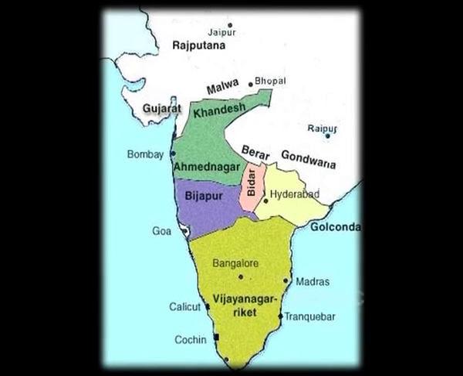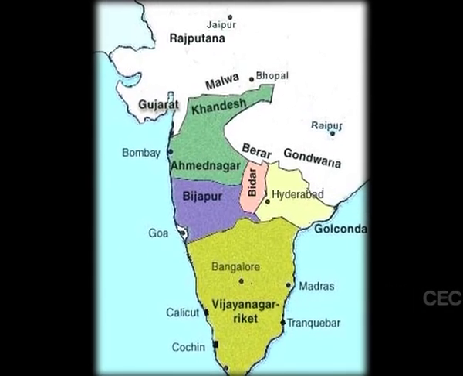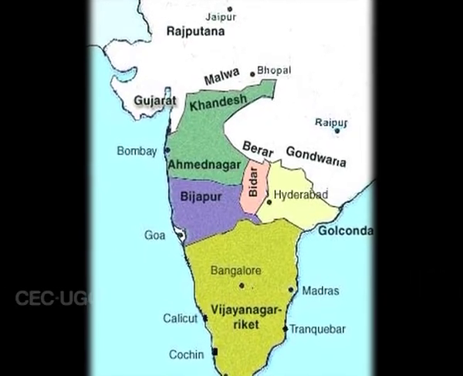In his name the city of Ahmedabad was established; he established the new city. And then in the Deccan, you have the examples of the Bahmani Sultanate, which later disintegrated into five segments, and the Vijayanagar Empire. So we can say that from the early part of the 14th century onwards, we find the development of regional sultanates.